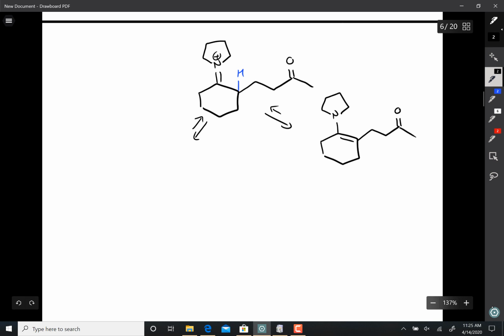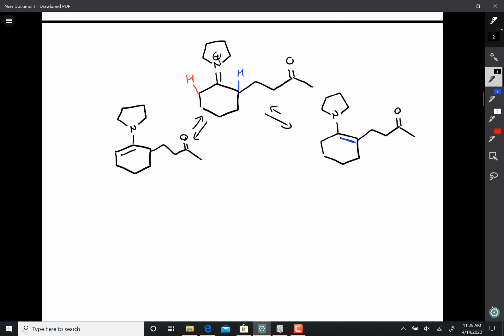If we take the red hydrogen off, we get this compound. It turns out this compound right here is more stable because this carbon here is sp3.